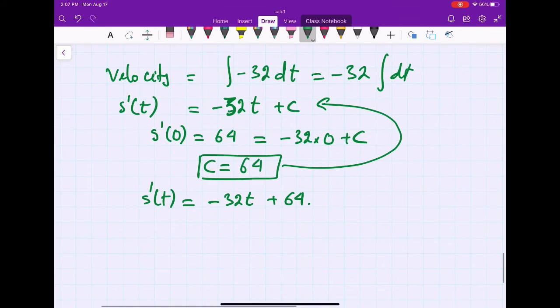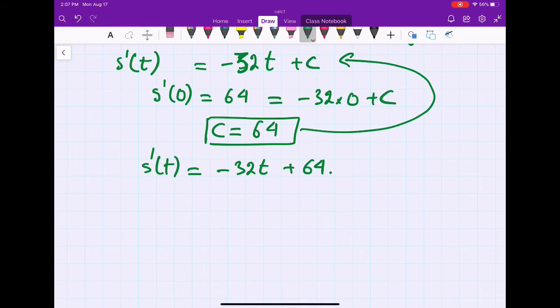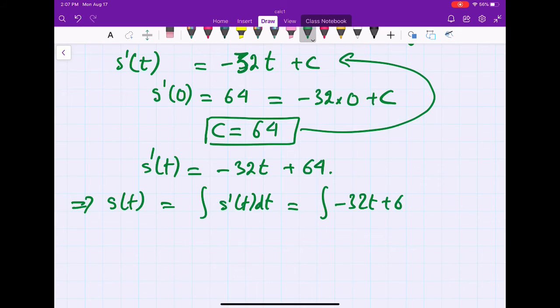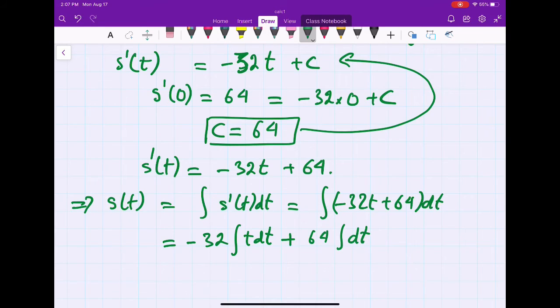And now I will find the height function, right? s of t equals the integral of s prime of t dt. That is the integral of negative 32t plus 64 dt. And you get negative 32 times the integral of t dt plus 64 dt.